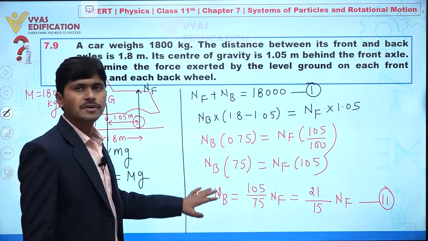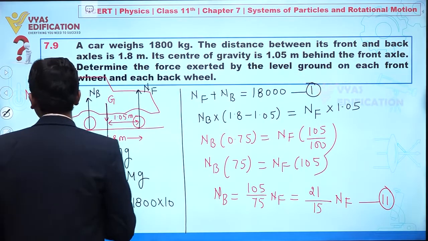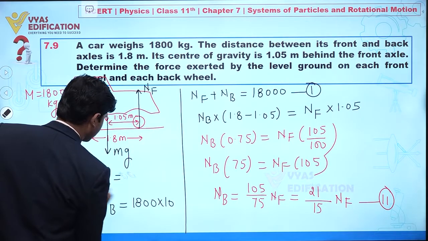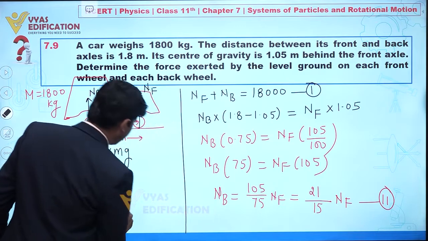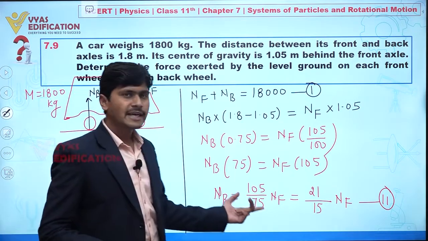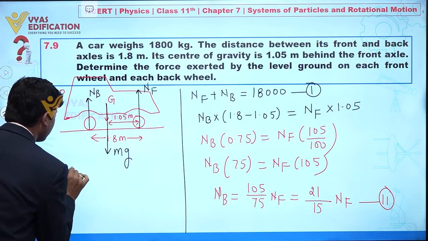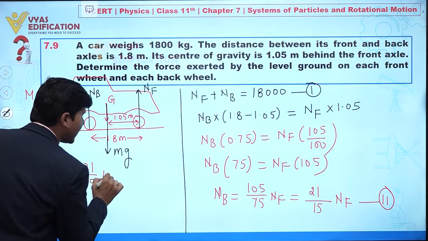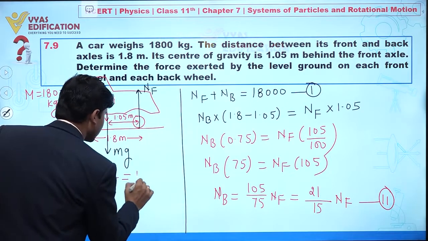Now we can put this value of NB in equation number 1. So how can I write? Listen carefully. Now if I put value of NB, I can say this is NF plus 21 by 15 NF, and this should be equal to 18,000.